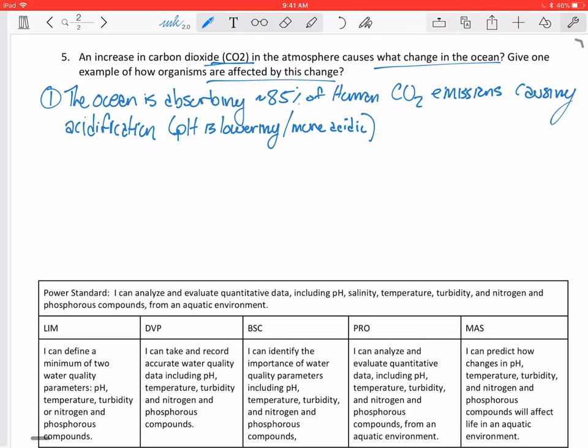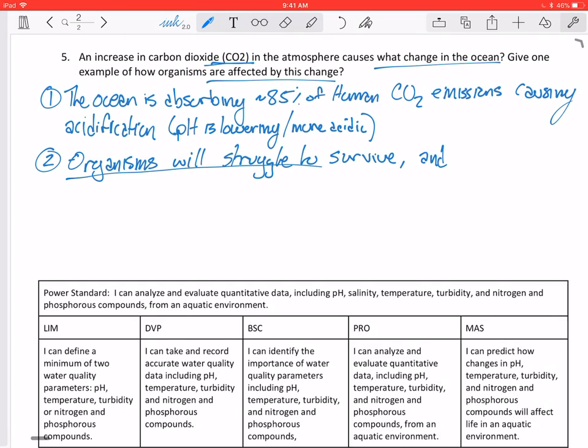So the second part is how are organisms affected by this change. There were a number of examples that you could have given. So you could have talked about how organisms, I mean, ultimately, as long as you discussed how organisms will struggle to survive, and so this is really what we wanted to look for.